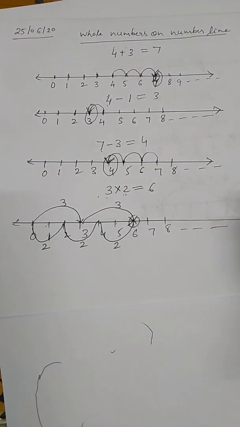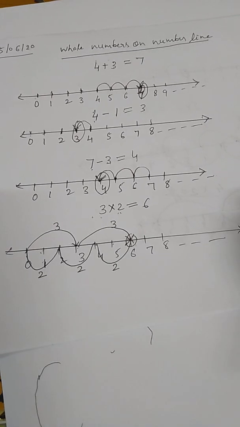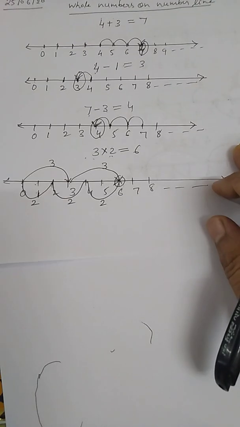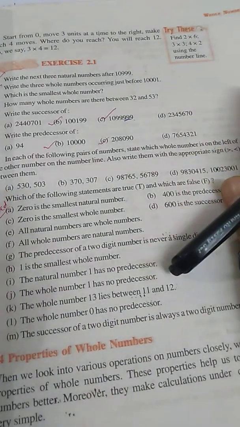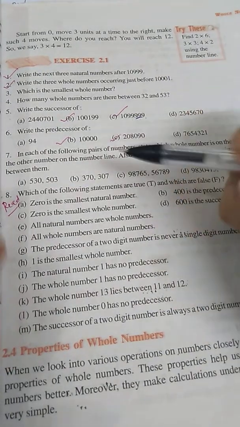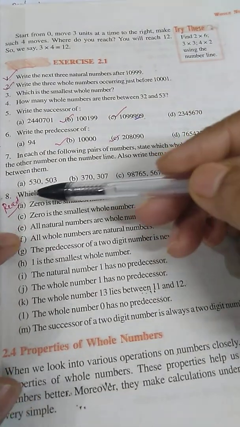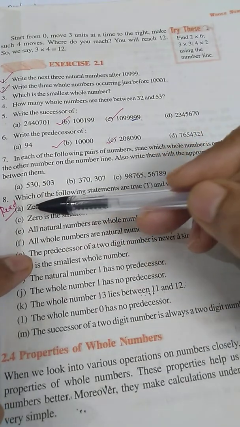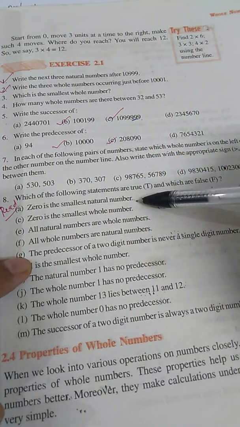Now I will give you the answers of the 8th question. Hope you have the book, otherwise you can observe here the book. Question number 8 I have given in homework, but I will explain you the answers. 0 is the smallest natural number.